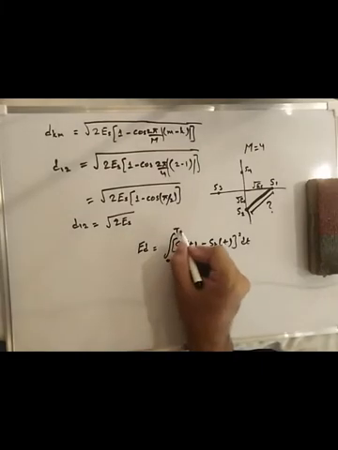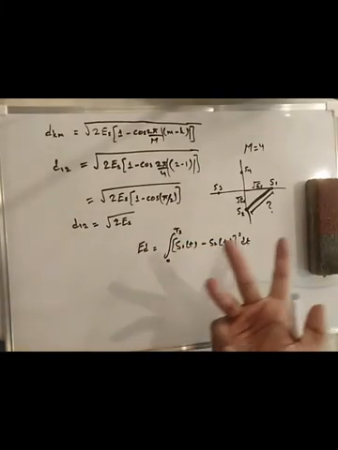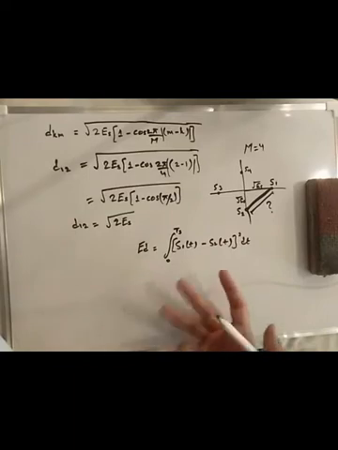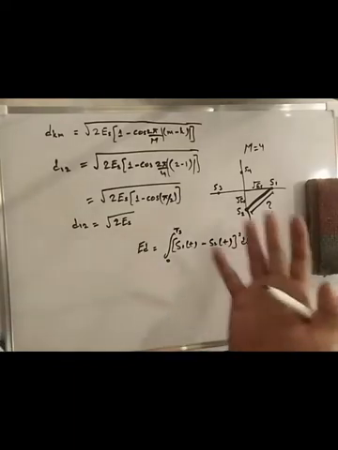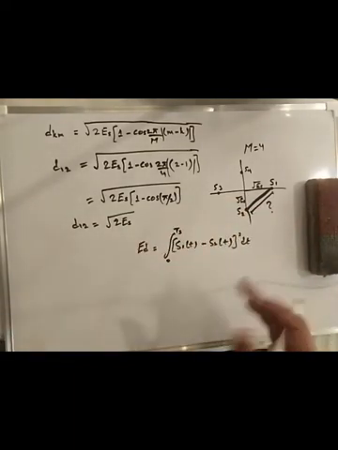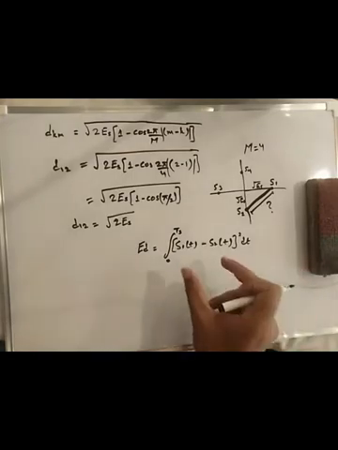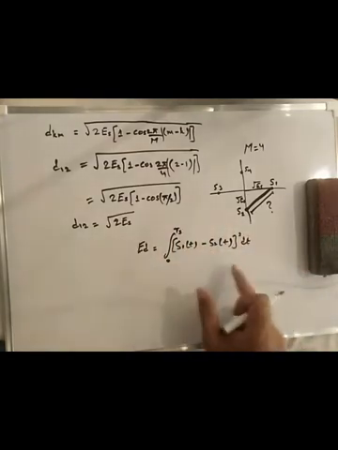This was what we computed when we had any pair of signals, say S1 and S2, mapped onto the constellation diagram. We can compute the energy difference between those two signals using this formula, right?